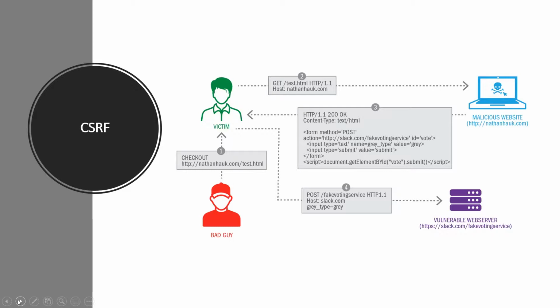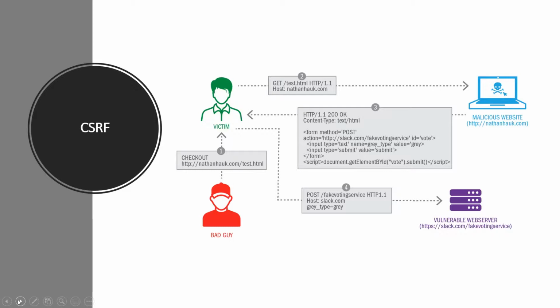The bad guy is giving a page to the victim, saying something like test.html is http checkout. The victim by mistake or by curiosity clicks on that. It takes them to a malicious website, which sends a page. On the UI it may look fancy, something attractive to a victim.